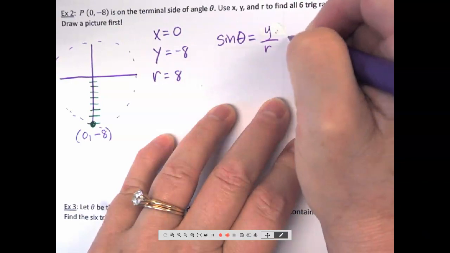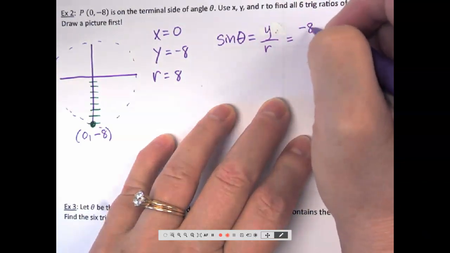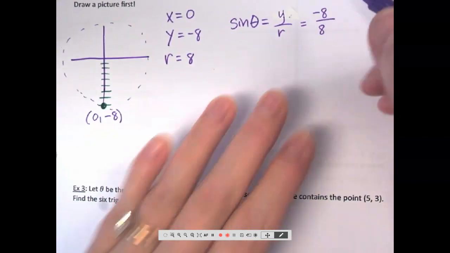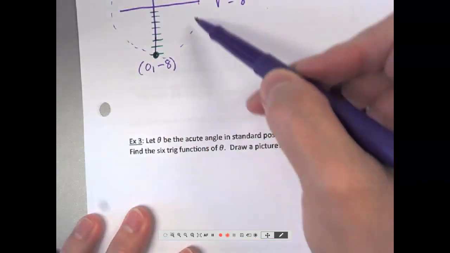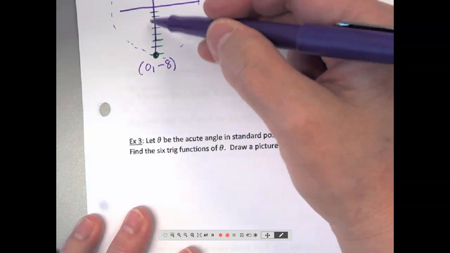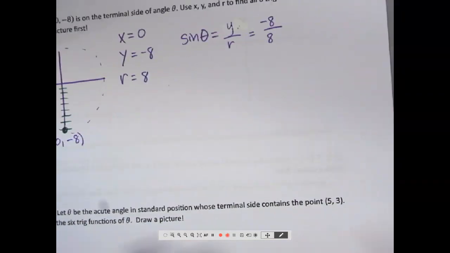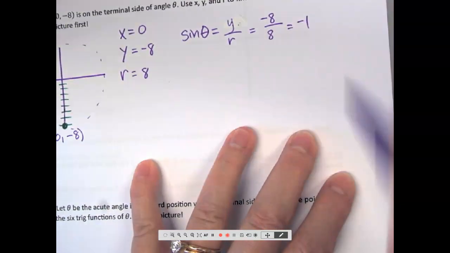Y over r. The y is negative 8 and the r is 8, because I'm imagining a circle through that point, and what would your radius be? That distance, which is just 8. So sine is just negative 1.